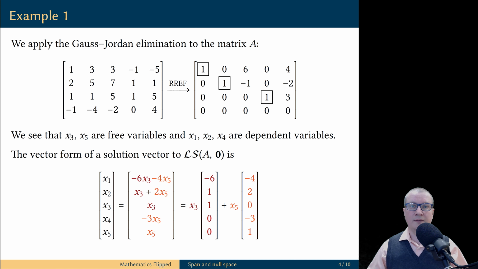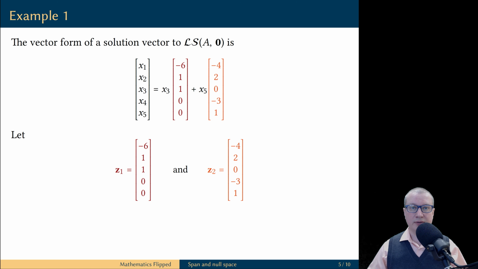And then we can factor out the free variable from each of these vectors because every component in the corresponding vector is multiplied by this same free variable. This tells you that a typical solution to this homogeneous linear system looks like a linear combination of these two fixed vectors, where the variables x3 and x5 are used as scalars to construct the linear combination.